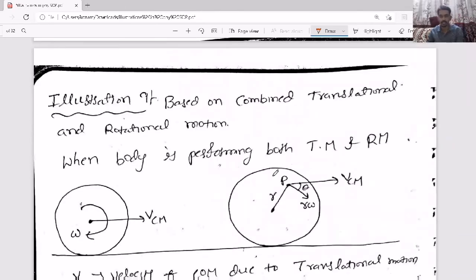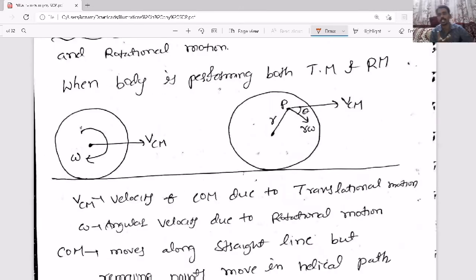Now after this, the next thing they will ask is based on combined translational and rotational motion. When a body is performing both translational motion and rotational motion, that means the body is rotating as well as moving forward.